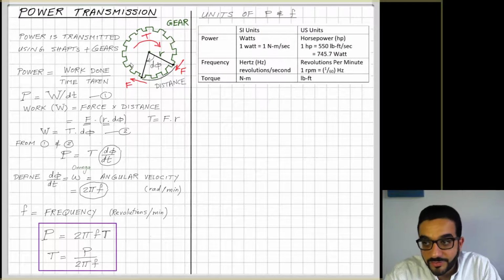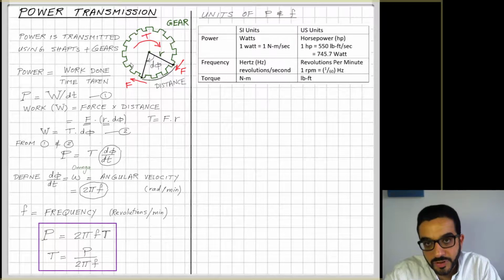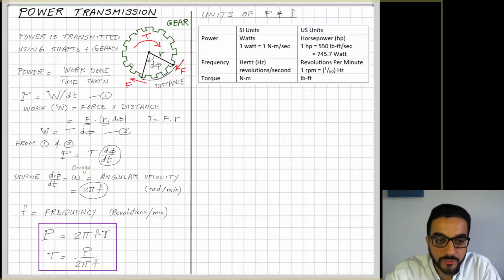Work is force times distance, so Newton meter divided by second. Power in US units is measured in horsepower, and horsepower is equal to 550 pound-foot per second. I can relate watts to horsepower: 1 horsepower is equal to 745.7 watts.